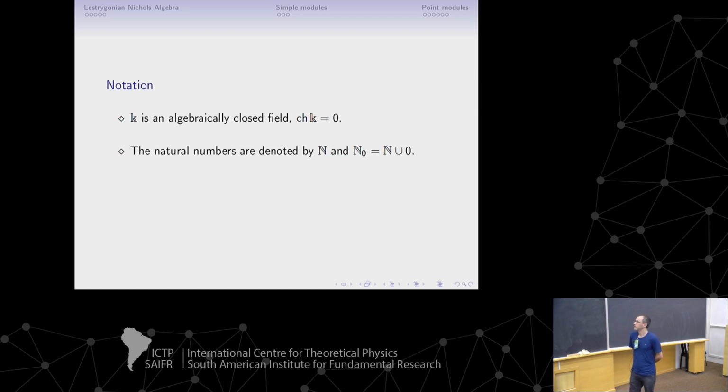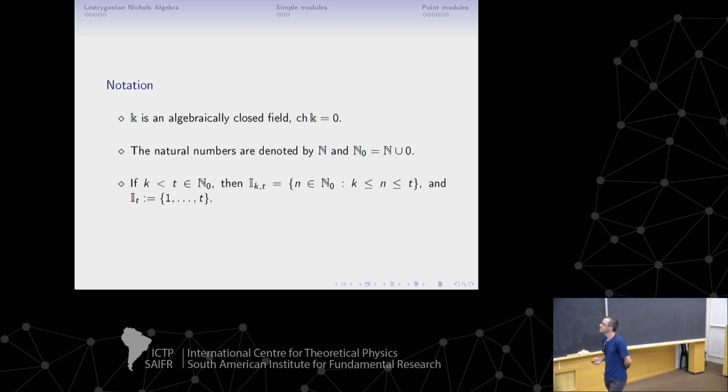The natural numbers, as usual, we denote by N, not including 0, and N0 includes 0. And we denote by I_{k,t} the elements of N0 between k and t, and I_t the natural numbers between 1 and t.